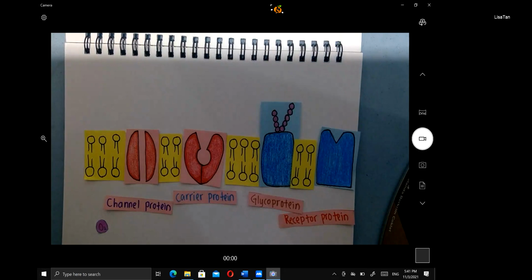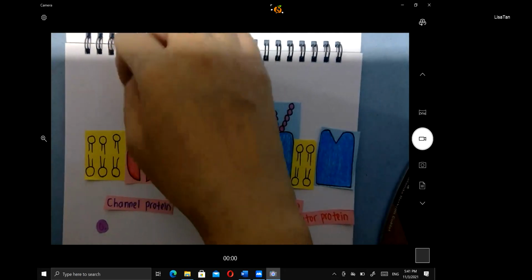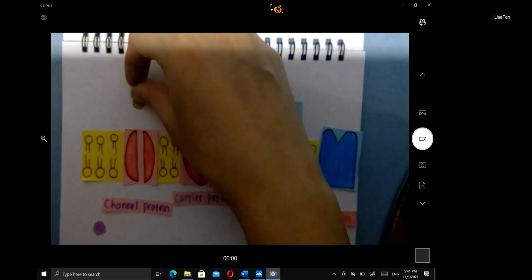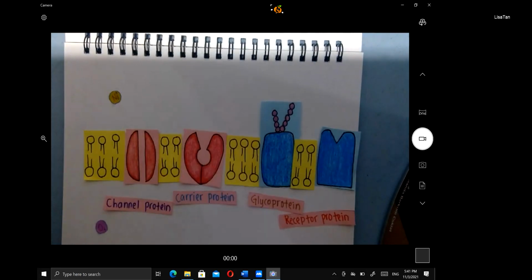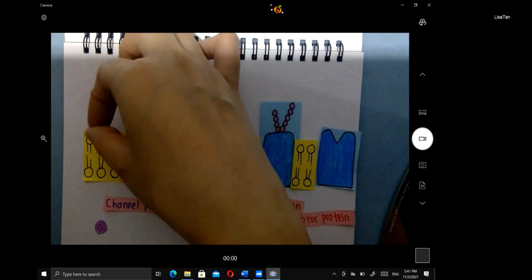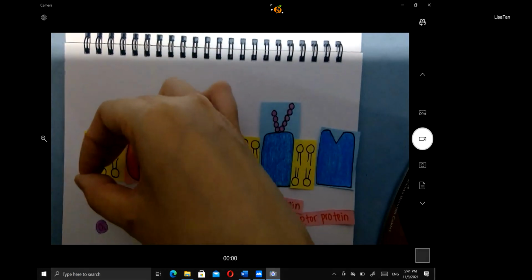But for example, this sodium ion, you can see this sodium ion, it has a charge. So this ion, Na+, cannot pass through the phospholipid bilayer. You can see the head is polar, but the tail is non-polar.